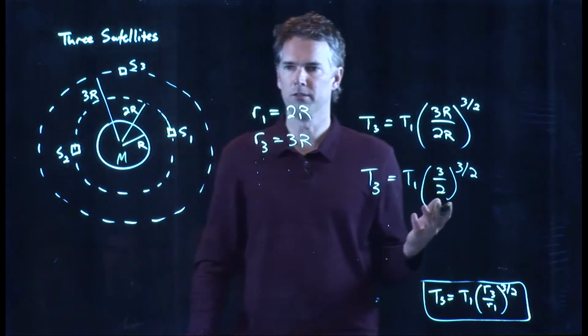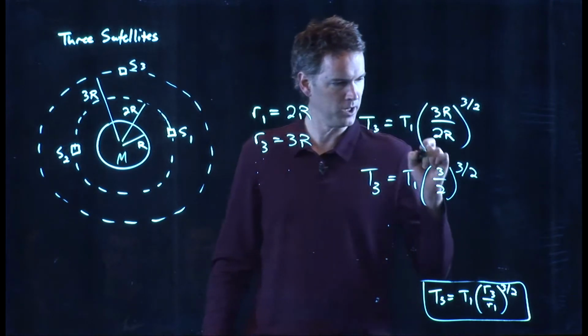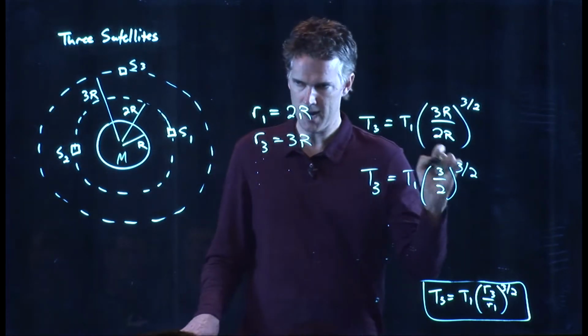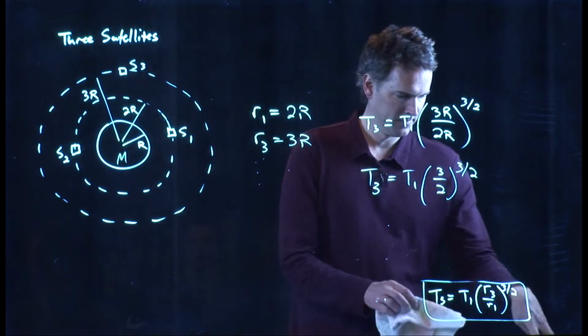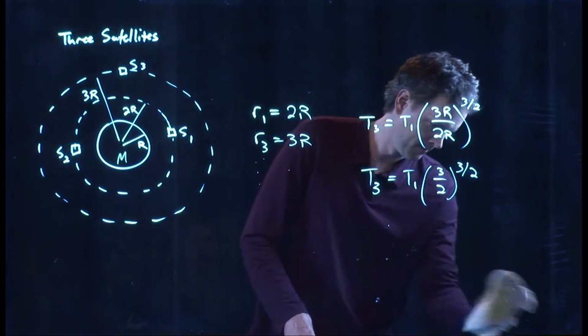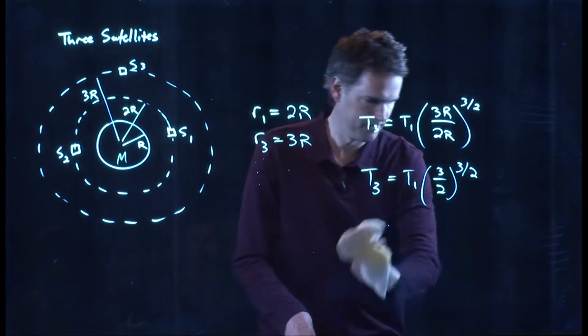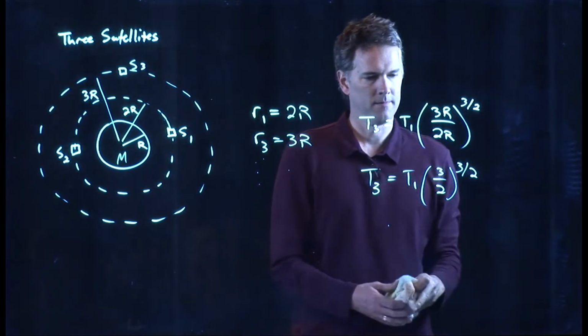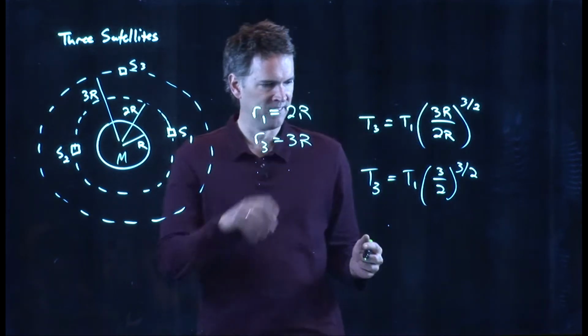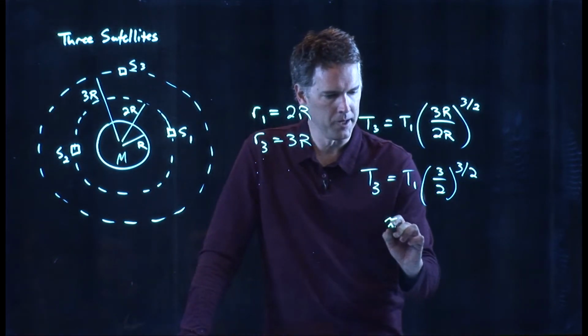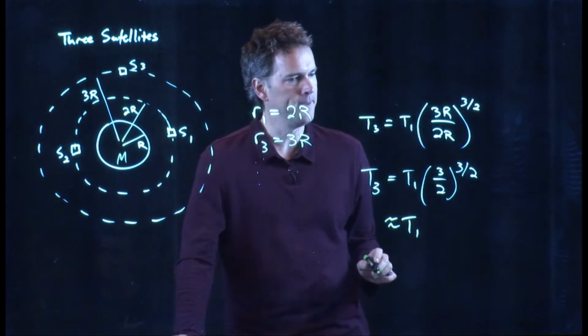I have no idea what that is. Somebody punch in your calculator. What is 1.5 raised to the 1.5? 1.84. Okay. Let's approximate it, and then we'll confirm that you were right.